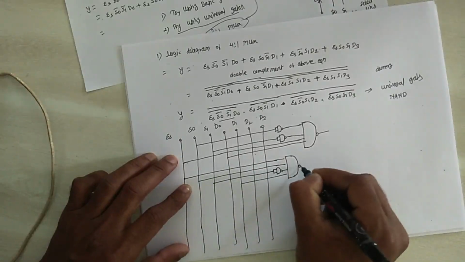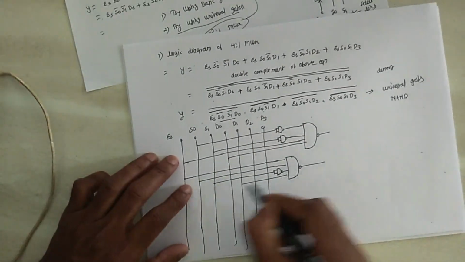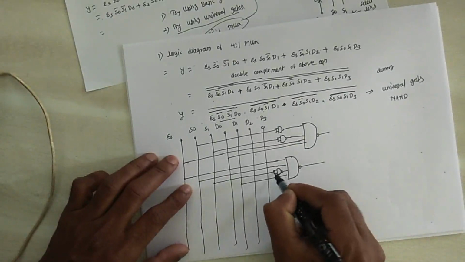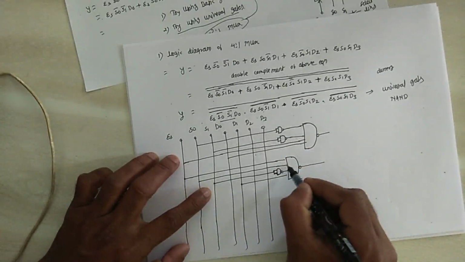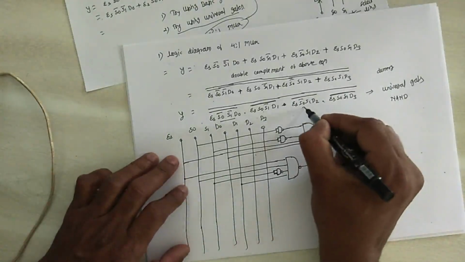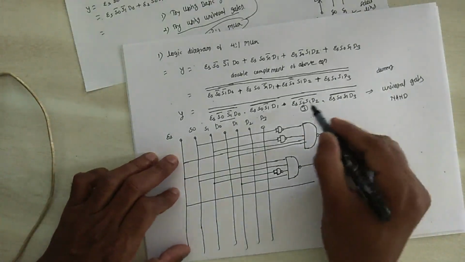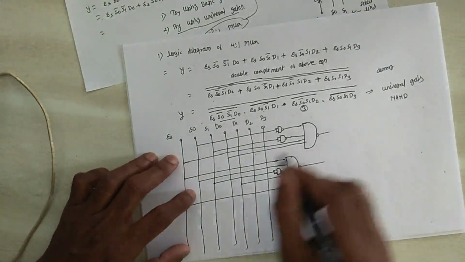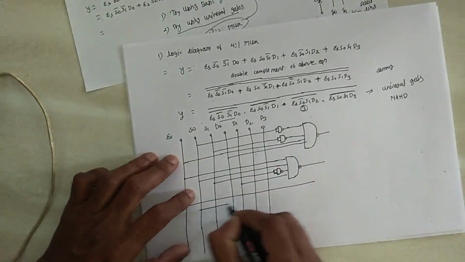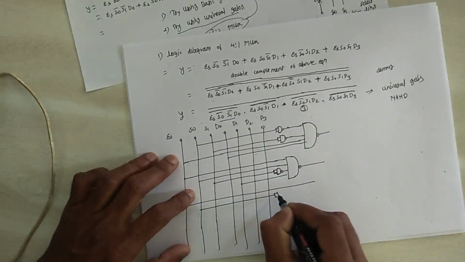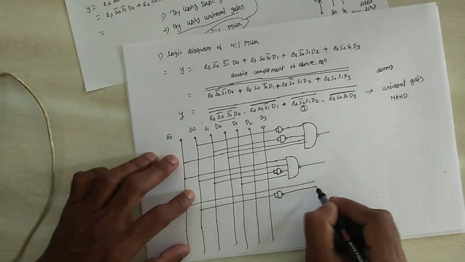This will produce the second term in complement form. Next, we took S1 complement here, but you can take it from this point also, it doesn't matter. For the third term, first take ES, then S0 complement, which is available here, but we can take it from this point also. It doesn't mean that it is wrong, it is correct.